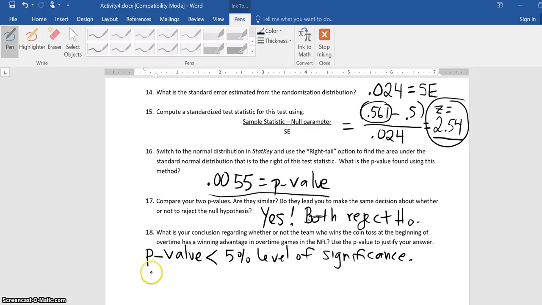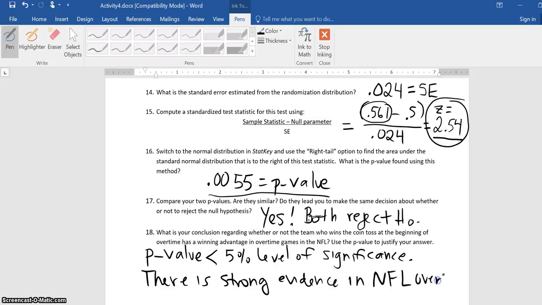And so there is strong evidence that in NFL overtime games, the team that wins the coin toss has an advantage.